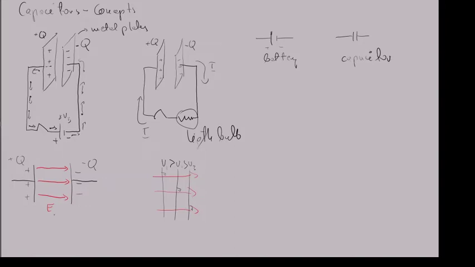And so going back to the capacitor setup here, I would have some potential at this plate. Let's call this V1, and I would have some electric potential at this plate, V2, and therefore I would have some potential difference between the two physical locations. There would be some delta V. And so every capacitor will have some potential difference, delta V, between the two plates, as long as there are charges on the two plates.